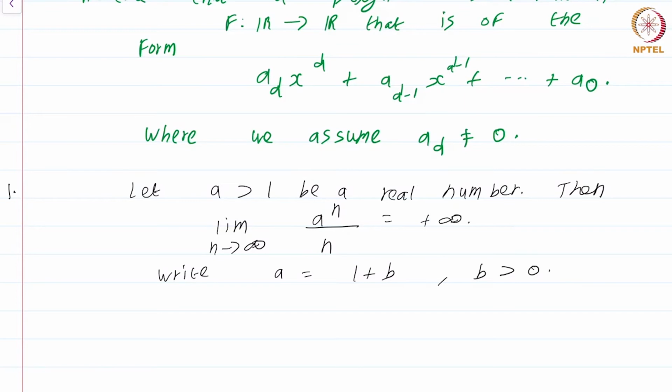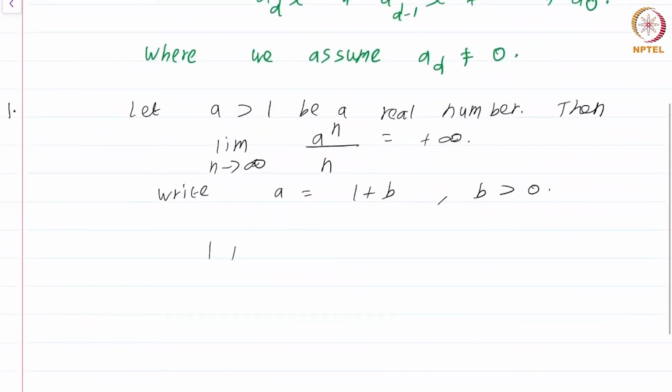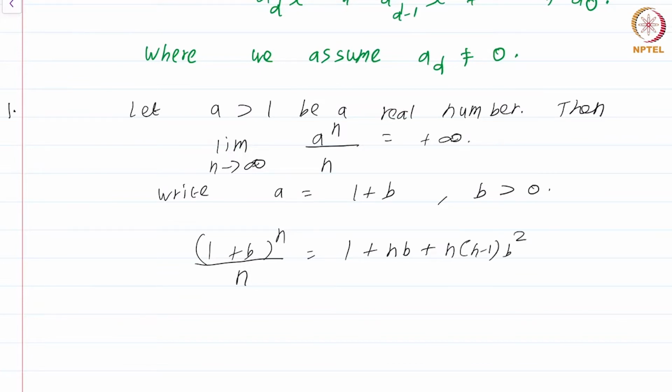Consider (1 plus b)^n by n. This you can see is actually 1 plus nb. Now I need to write one other term because there is an n in the denominator. So I would need to go further along in the binomial expansion than what was needed the last time when we just considered the sequence a^n with no n in the denominator. Plus some other terms, I don't care about what they are, divided by n.